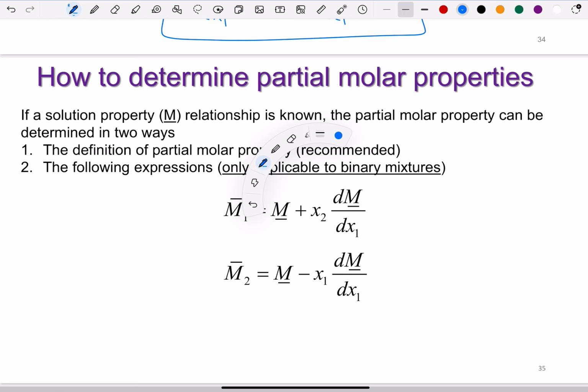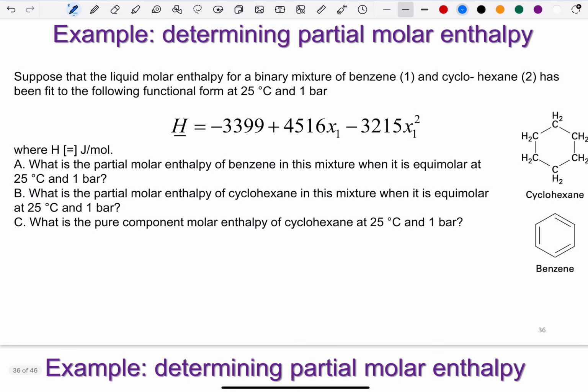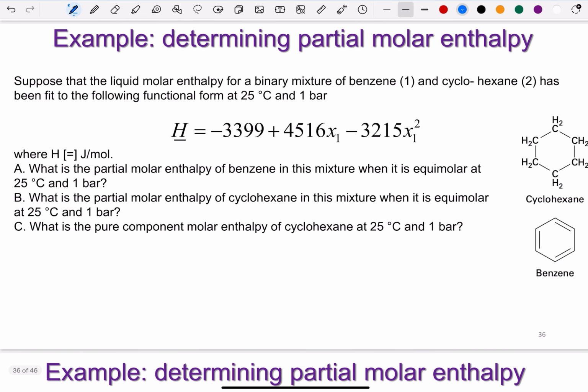So let's see whether we can solve this example. I can show you one example. We have the enthalpy of a mixture of cyclohexane and benzene, based on a relationship that relates the enthalpy to the mole fraction, at constant temperature and pressure.